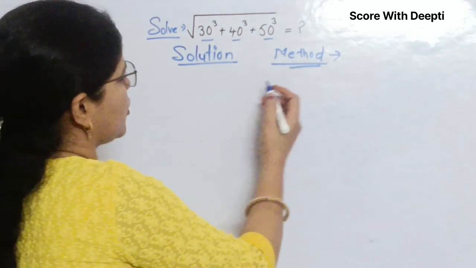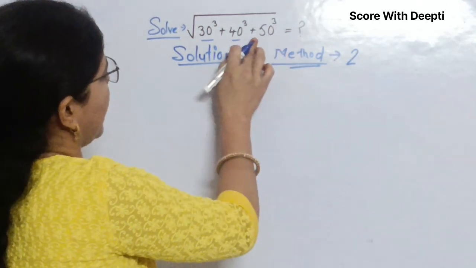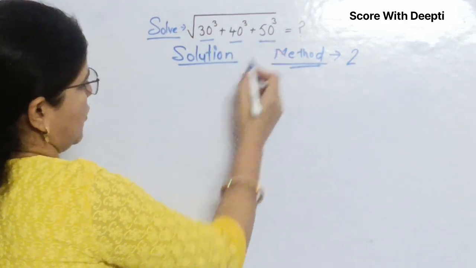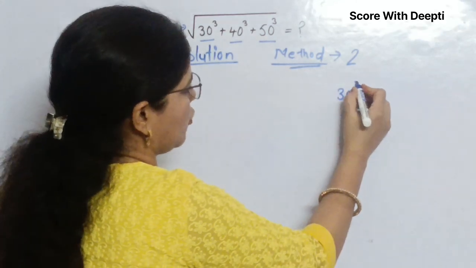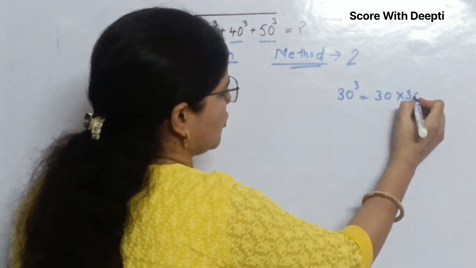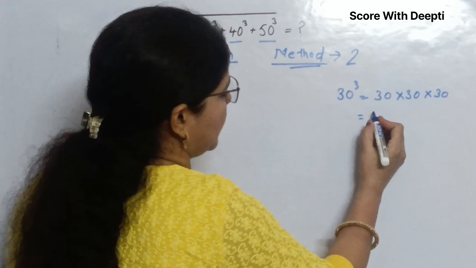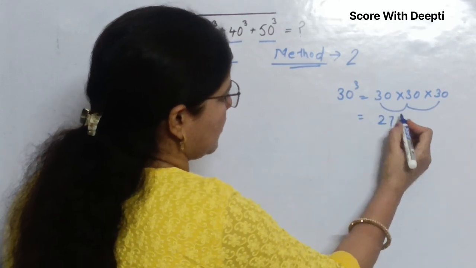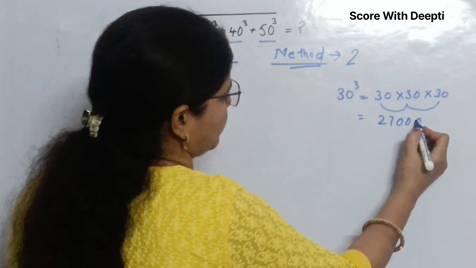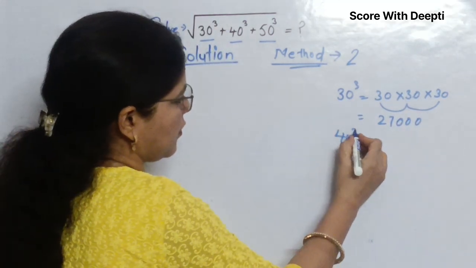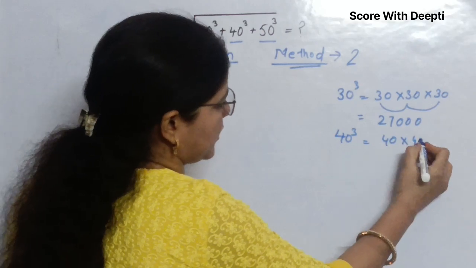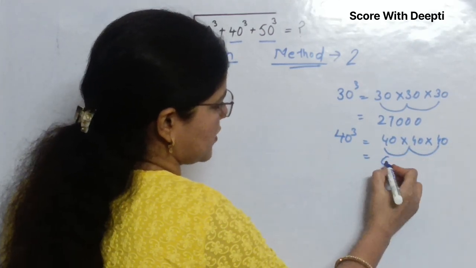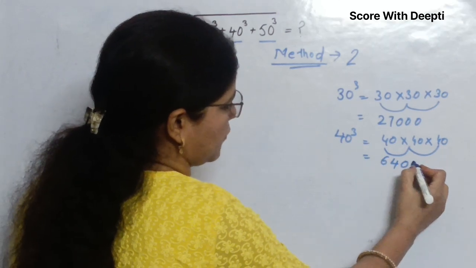Next, we will solve this question with the second method. In the second method, first, we find the value of 30 cube, 40 cube and 50 cube. As we know that 30 cube equal to 30 into 30 into 30, multiplying these three terms we get 27 with 3 zeros. Next, 40 cube, 40 multiply 40 multiply 40, we will get 64 with 3 zeros.